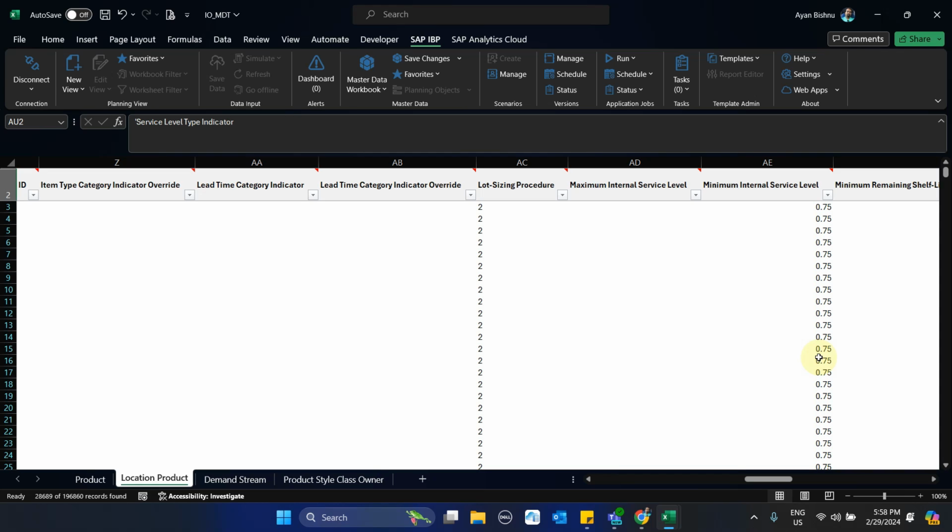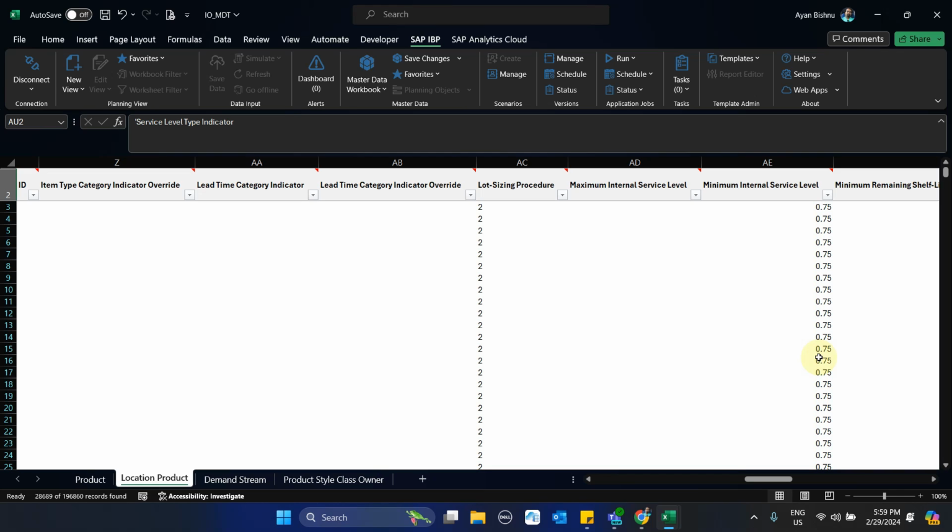So if there is a customer, they will have an external service level, but if a source and destination are replenishing each other without the presence of any customer, then there is an internal service level that needs to be maintained.